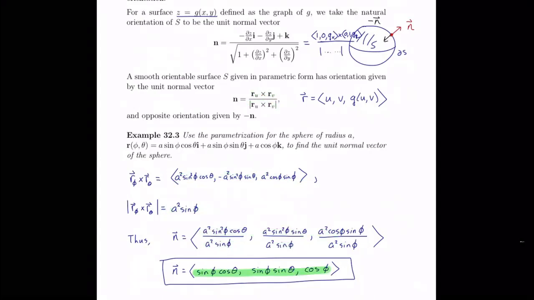And we should note that that vector is actually the normal vector to a sphere of radius 1, right? This is the parameterization, actually, of a sphere of radius 1, and that's exactly what we would expect to be the case if we're finding the unit normal vectors to a sphere centered at the origin with radius a, right?